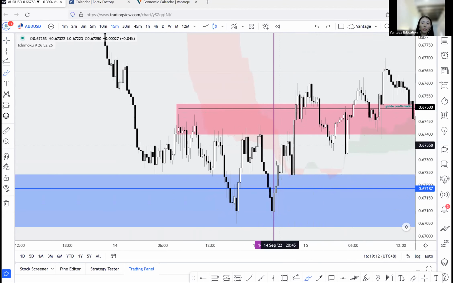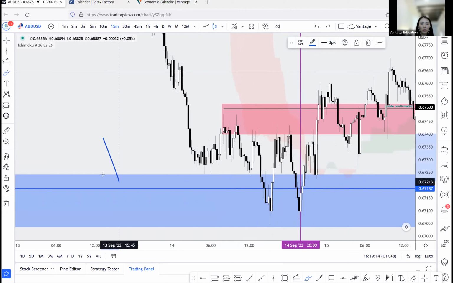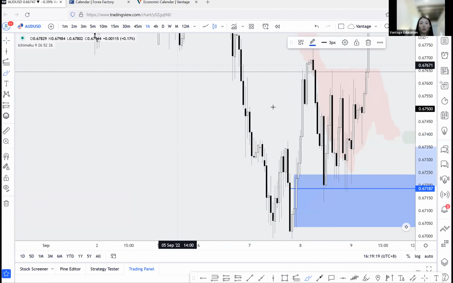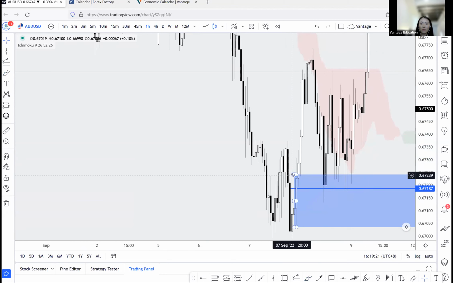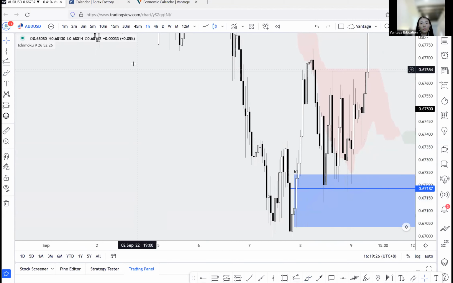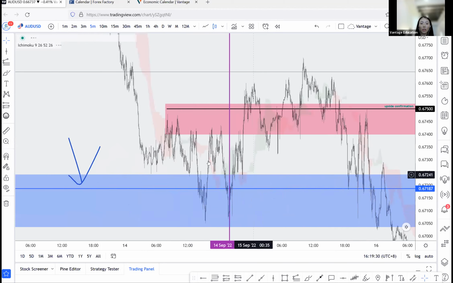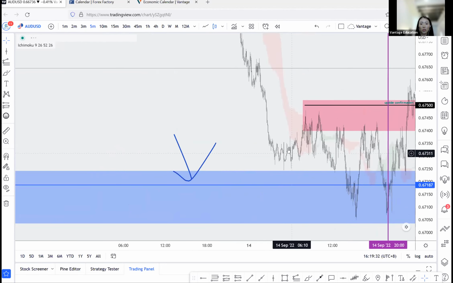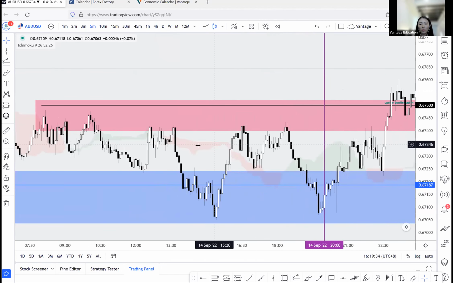If you go down to the smaller time frame, currently this region that we have, this area itself, is on the 1 hour. So I'm just going to label this on the 1 hour. And then on the 5 minutes time frame, which would be on the smaller time frame, I thought it would be nice to just show you roughly how it's like.